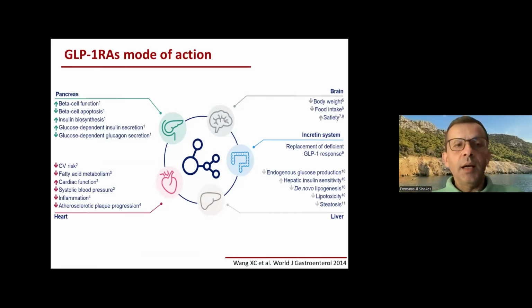It's a known drug that has a very complex mode of action that affects many systems and many organs. You can see here the hepatic events that we have with the use of this drug: the decline in endogenous glucose production, the increase in hepatic insulin sensitivity, and the decrease in de novo lipogenesis, lipotoxicity, and steatosis.